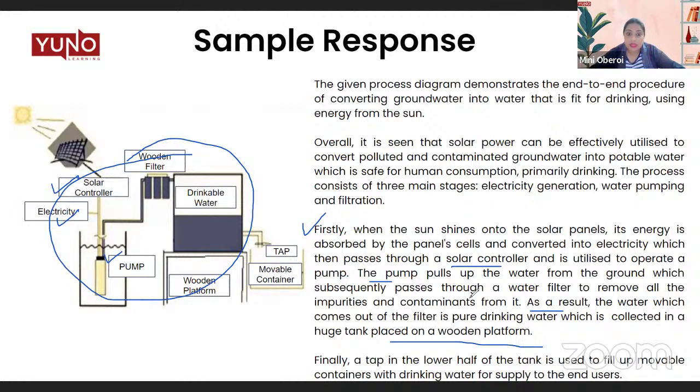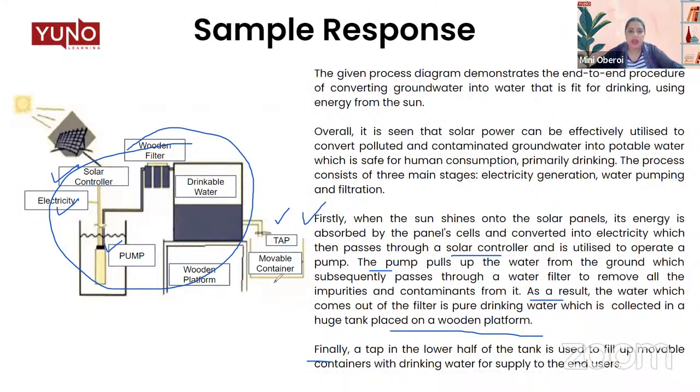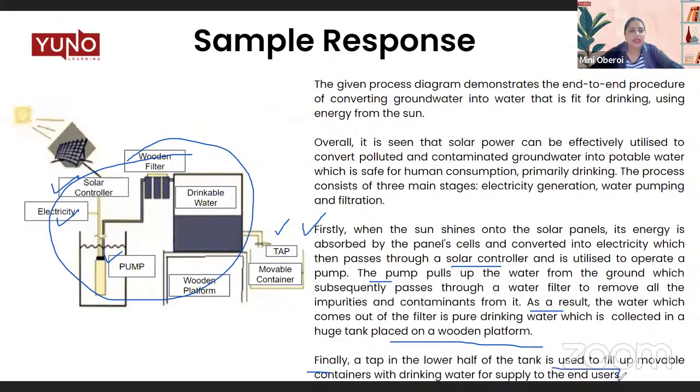But what is remaining for us? This. Finally, a tap in the lower half of the tank is used to fill up movable containers with drinking water for supply to the end users. Right? Now here, some students generally make a mistake. Instead of writing end users, they write nearby colonies.